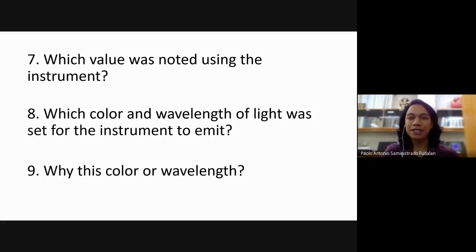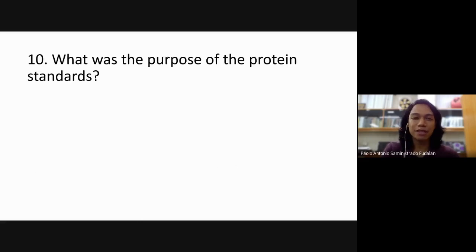So I hope you understand that in your writing, because you're still writing right now, you can incorporate things like that in your discussion, for example. Okay, so next, you remember there are protein standards. There are 7 of them. No, 1 to 7. What was their purpose?